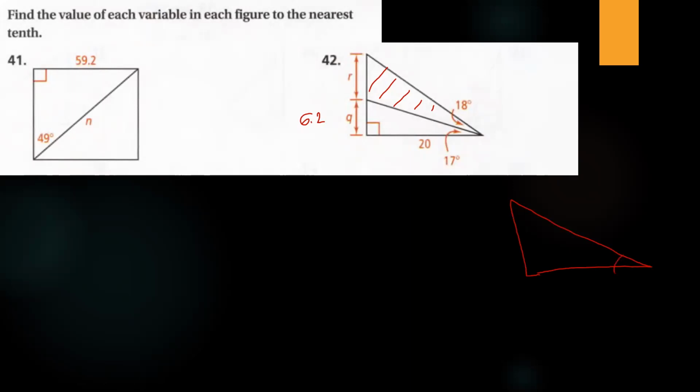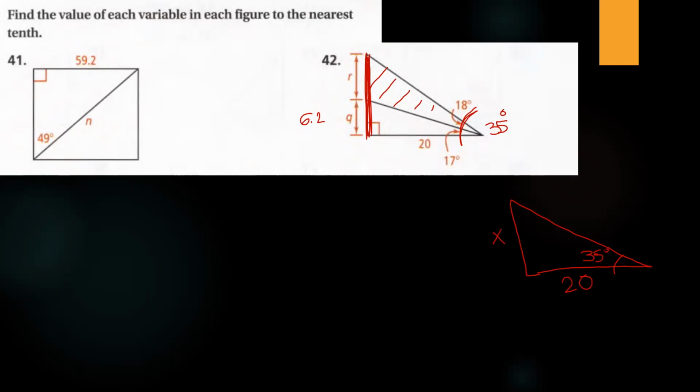Let's name this side X, and here I have 20. What is the angle here for the big triangle? Is it 17? No, it's 18 plus 17, which is 35. So the angle here for the big triangle is 35.